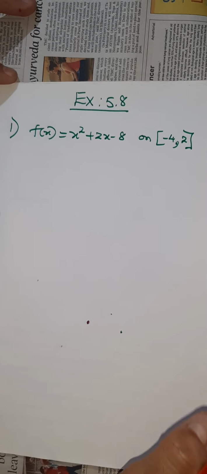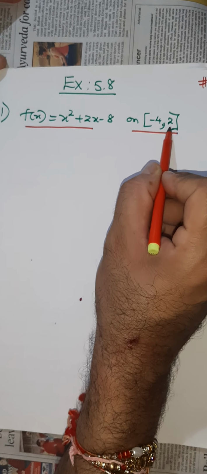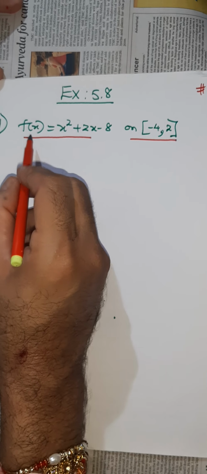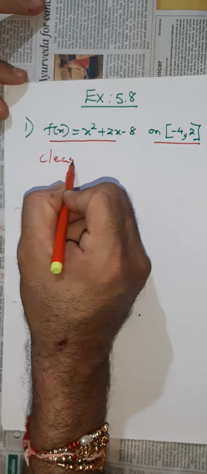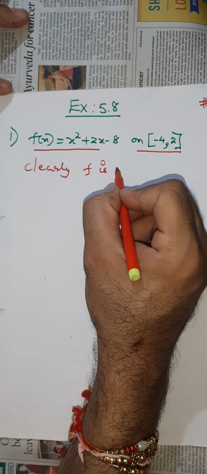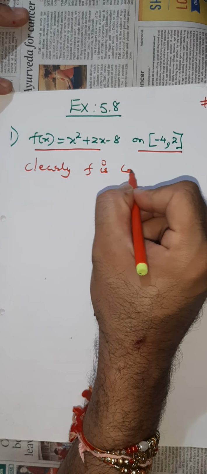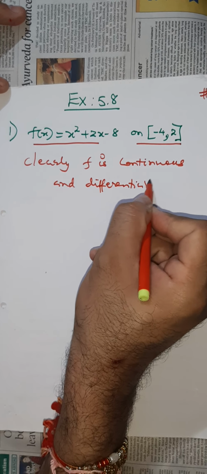So exercise 5.8, you are given this function on this domain. This is like a closed interval AB. The question is to verify Rolle's theorem. So we need to check these three conditions. Clearly, f is continuous and differentiable.